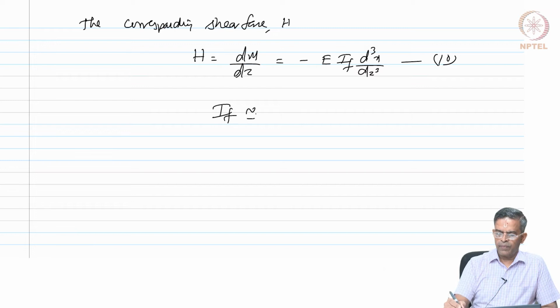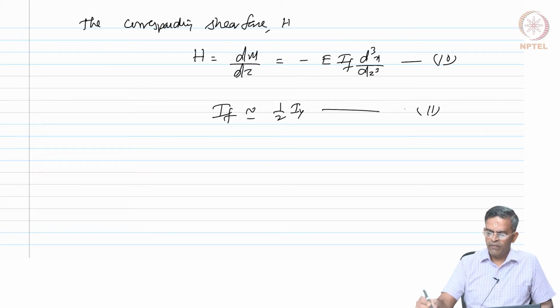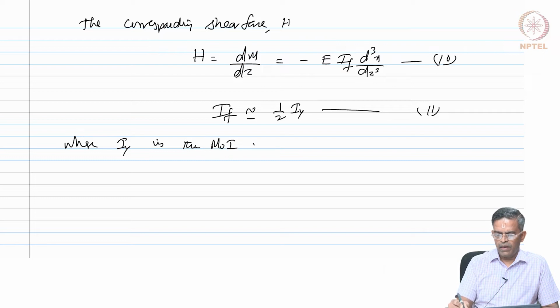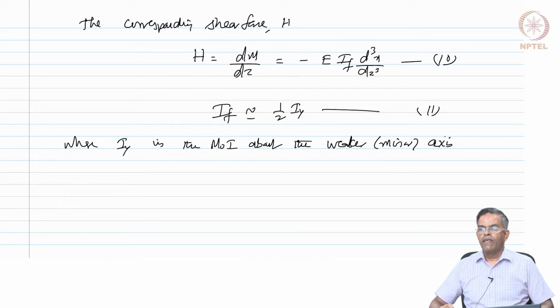So, If is approximately half of Iy, that is usually the design practice, where Iy is the moment of inertia about the weaker axis, I should say minor axis. Also please understand that the web contribution in moment of inertia is neglected.